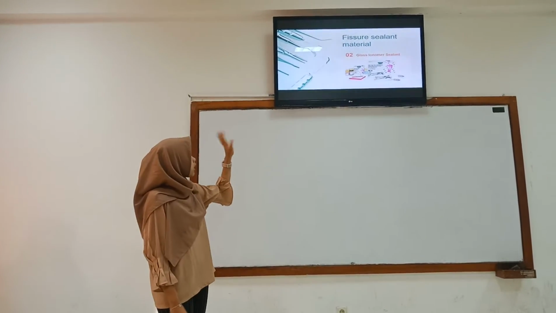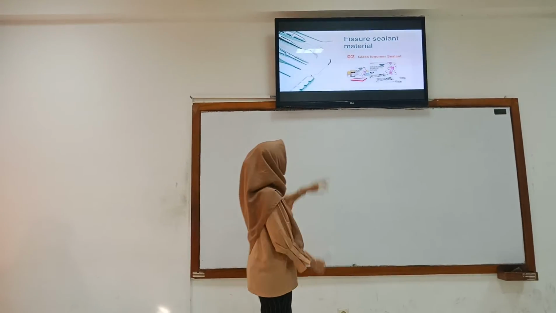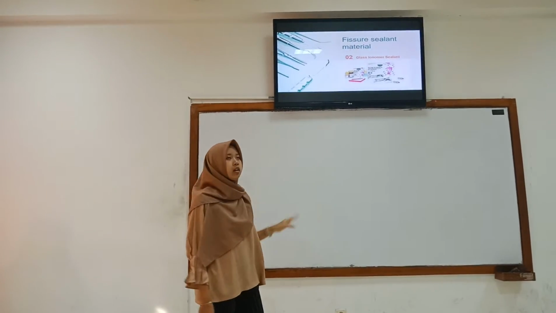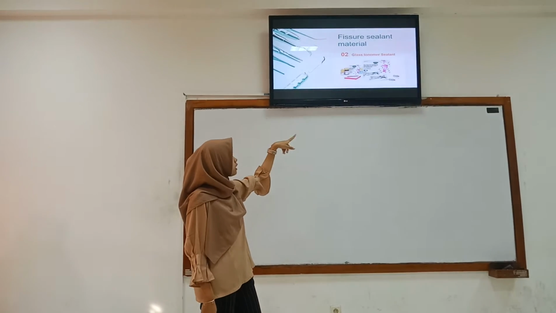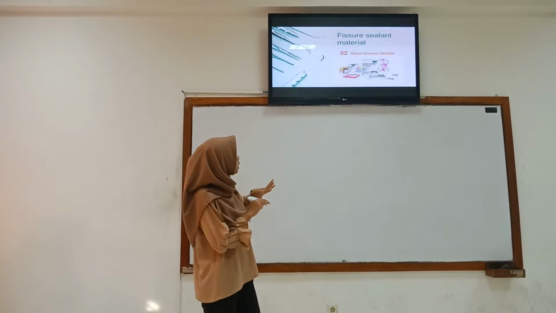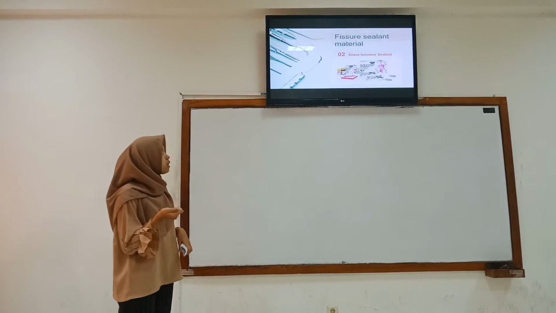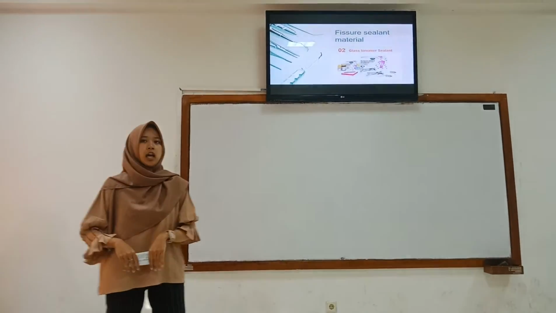As you can see in the picture, there is the powder of the glass ionomer sealant, the liquid, a jelly conditioner, a paper glass plate, and a spoon to take powder from the glass ionomer sealant.